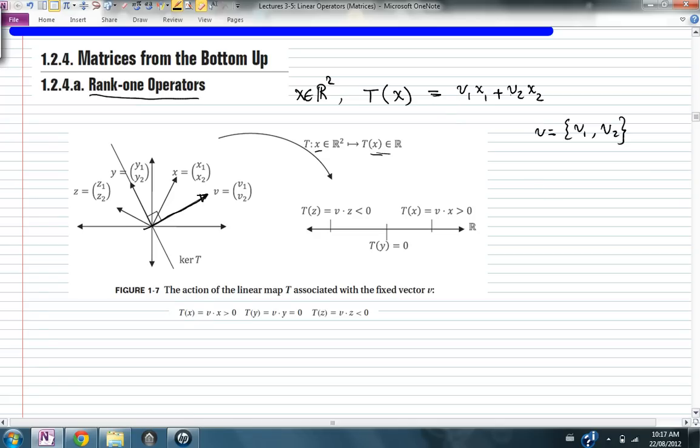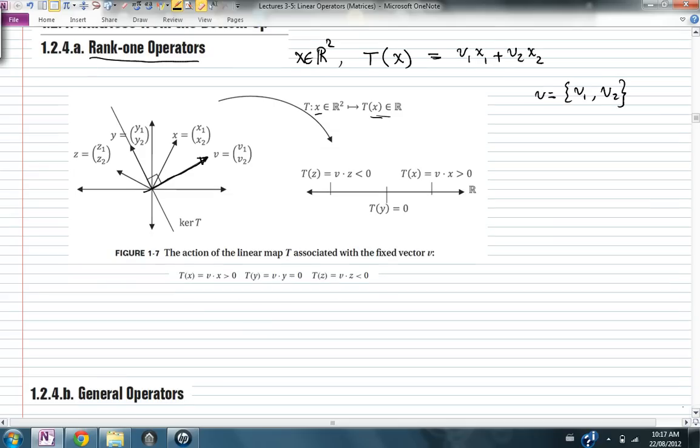So you can look at this operation as if you're taking the dot product between the vector v and any vector x. When I take the dot product of v and x, because the angle here is less than 90, I'm going to get a positive number.